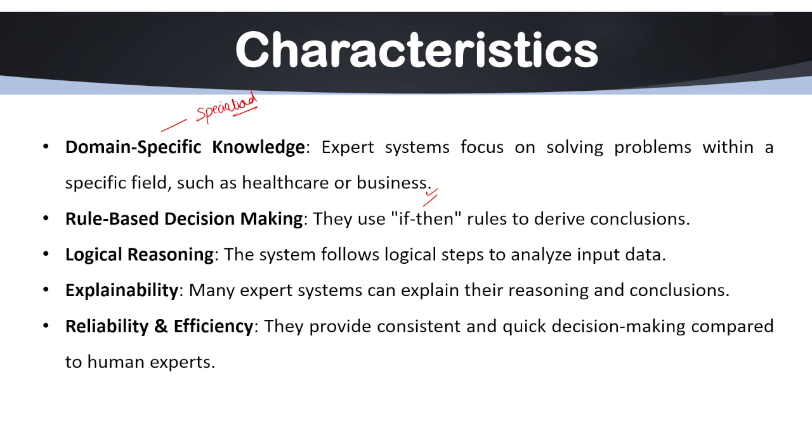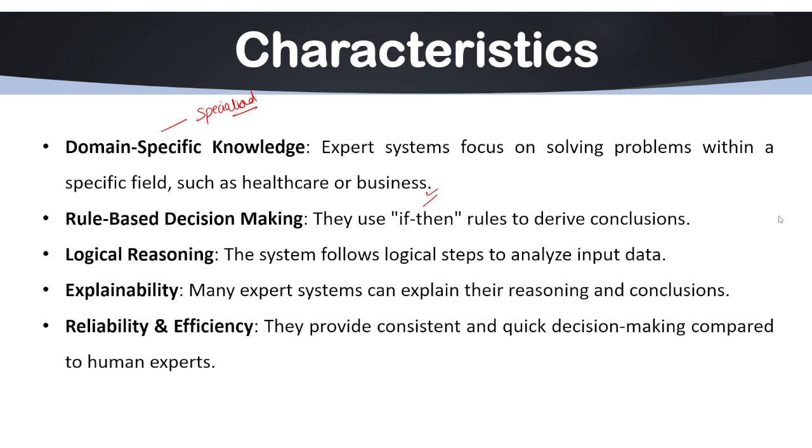This is one of the major characteristics of expert systems in AI. All clear, everyone? Let's say in case of healthcare, if we want to diagnose any disease, discover any drug, or want personalized medicine for someone, we can use domain specific knowledge over there.